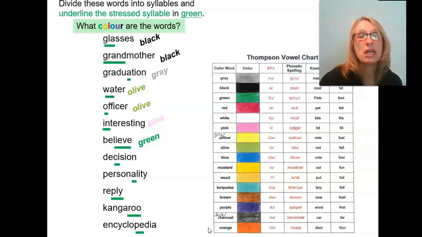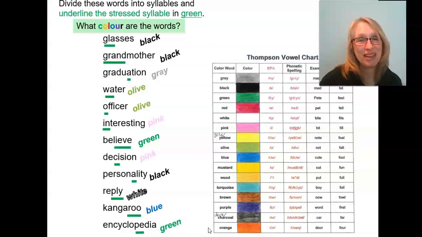What color is decision? Pink. And personality. Reply. White. Kangaroo. Boo is blue. Encyclopedia.